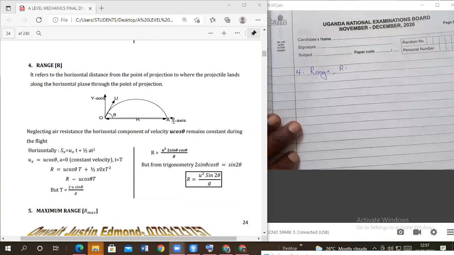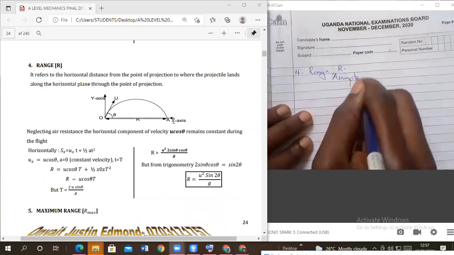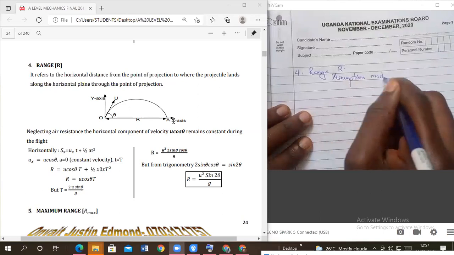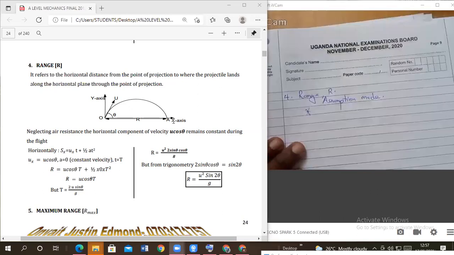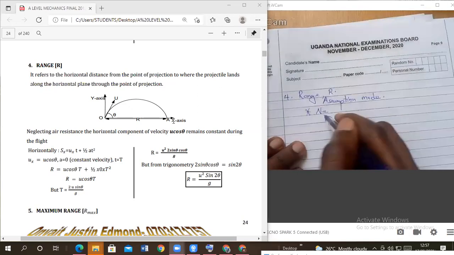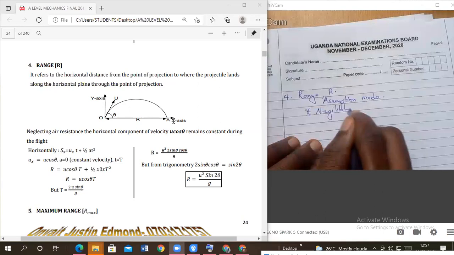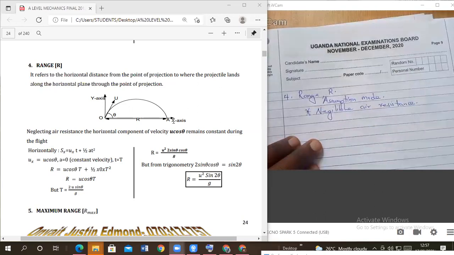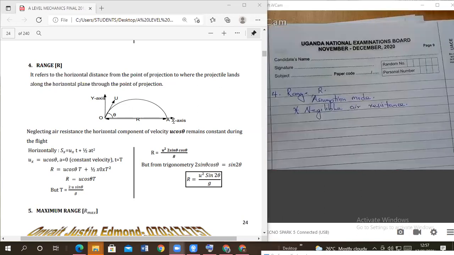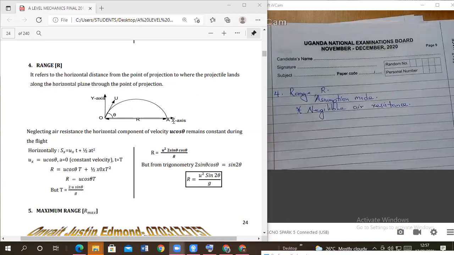Now, members, the assumption made here. One, negligible air resistance. So which means we neglect the air resistance.